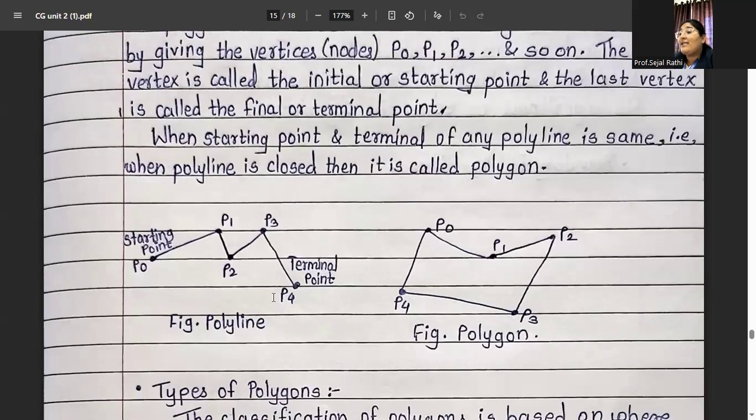So this is a polyline, and this is a polygon. All the vertices and all the edges are connected to each other. It is complete.